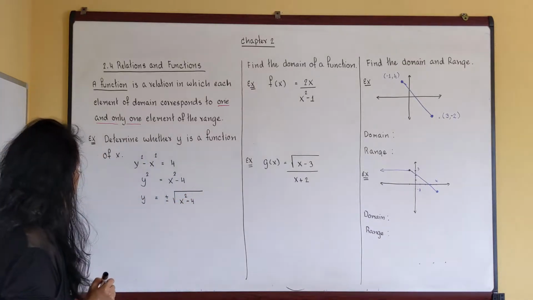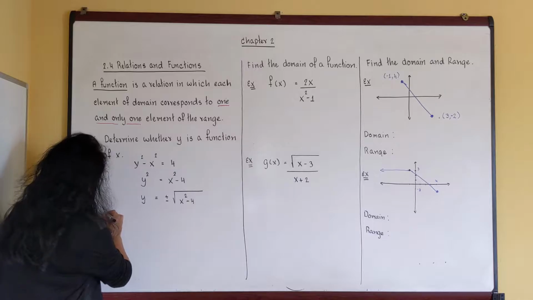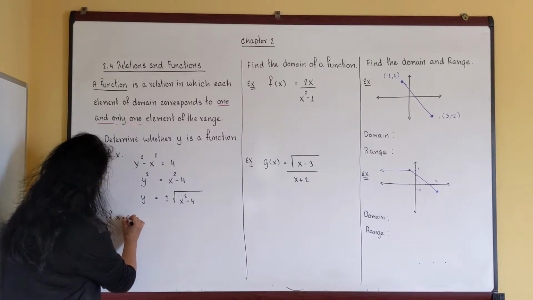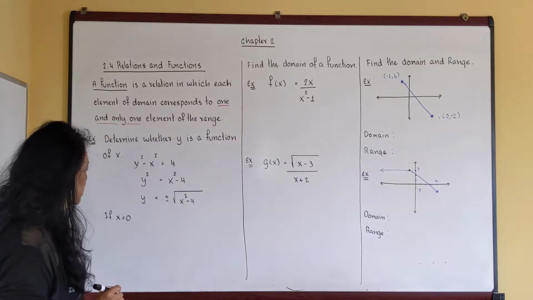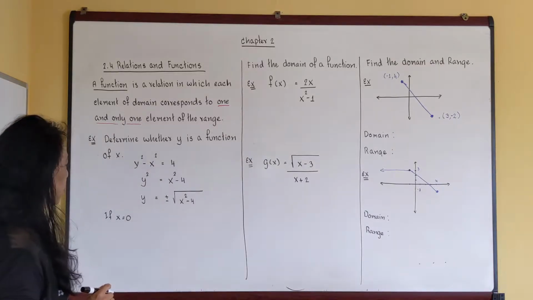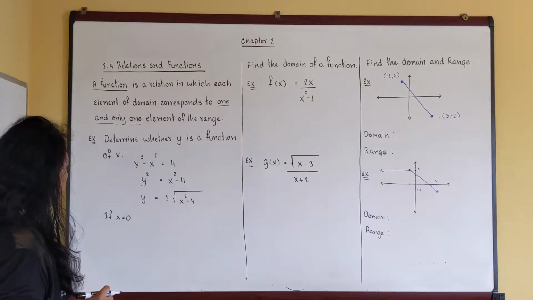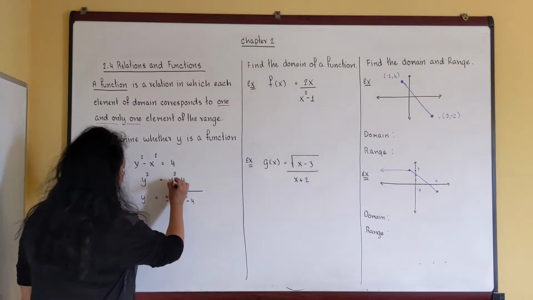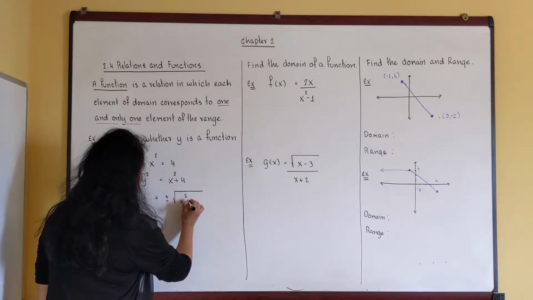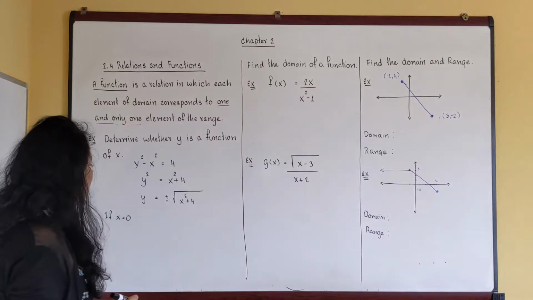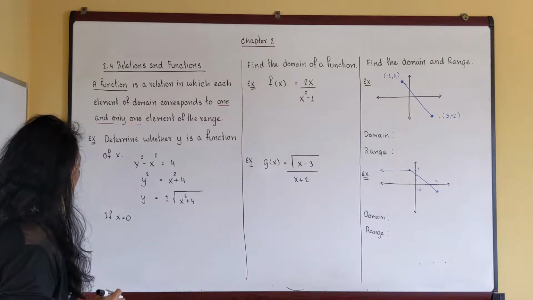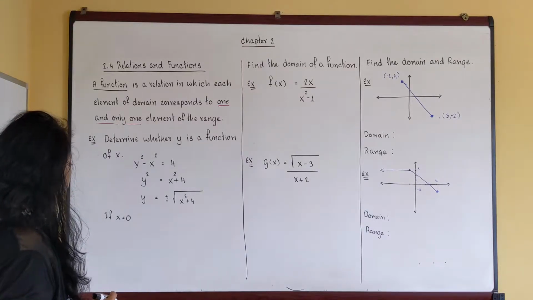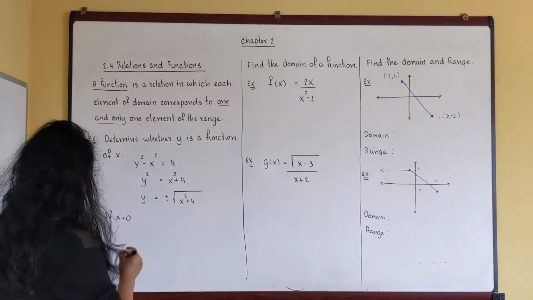Alright, so let's look at this. Let x equal 0. So if x equals 0, y could be, I have to have plus here. Yeah. If x equals 0, y could be plus or minus 2.